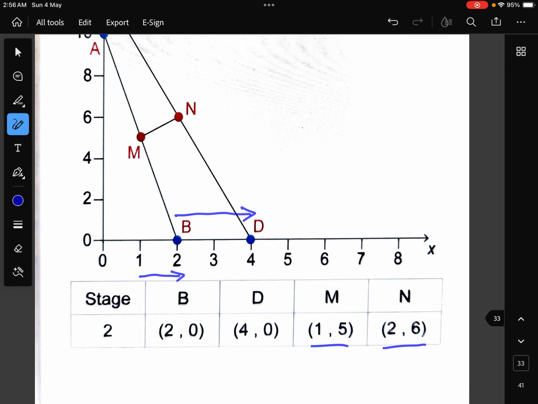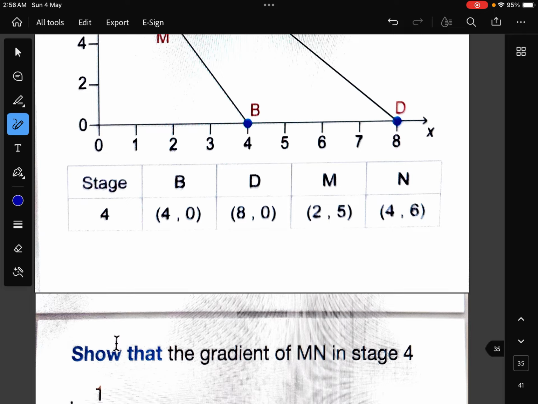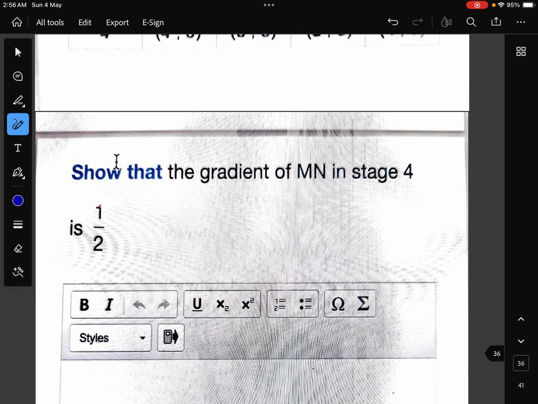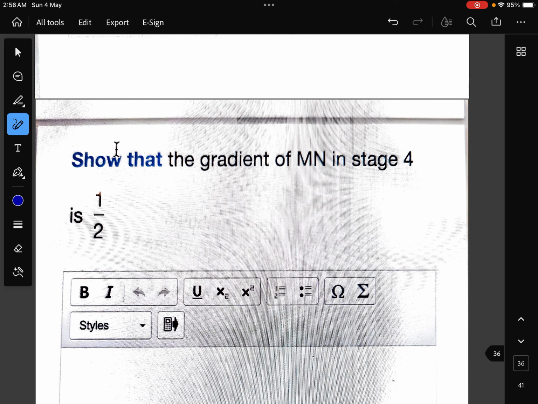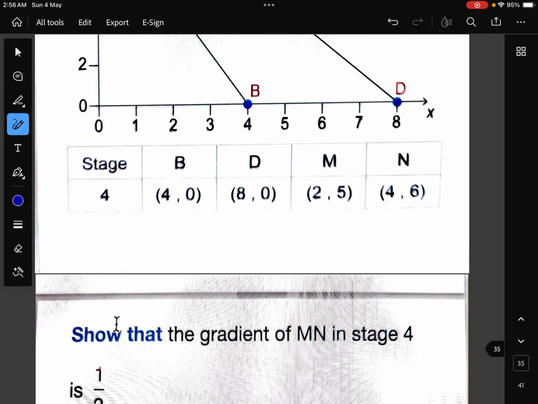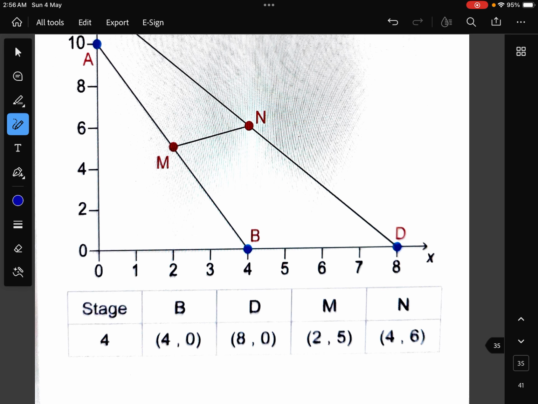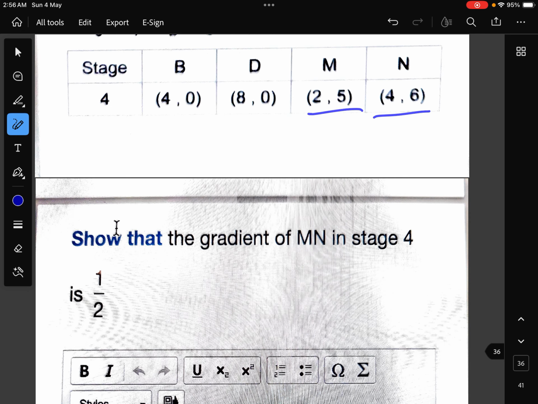You have stage 3 and stage 4 all given to you, and the part of the question is basically asking if you could find the gradient of MN in stage 4. So we have these 2 points here, which are (2, 5) and (4, 6), and we want to find the gradient.